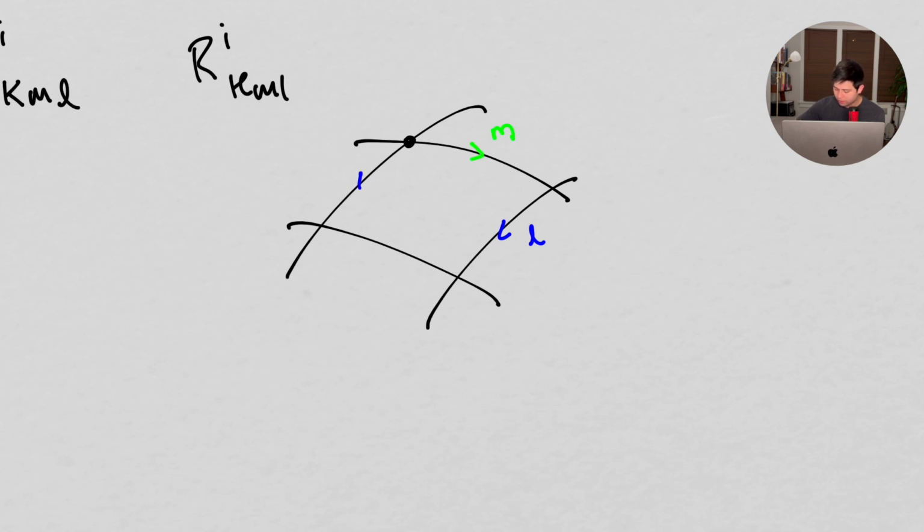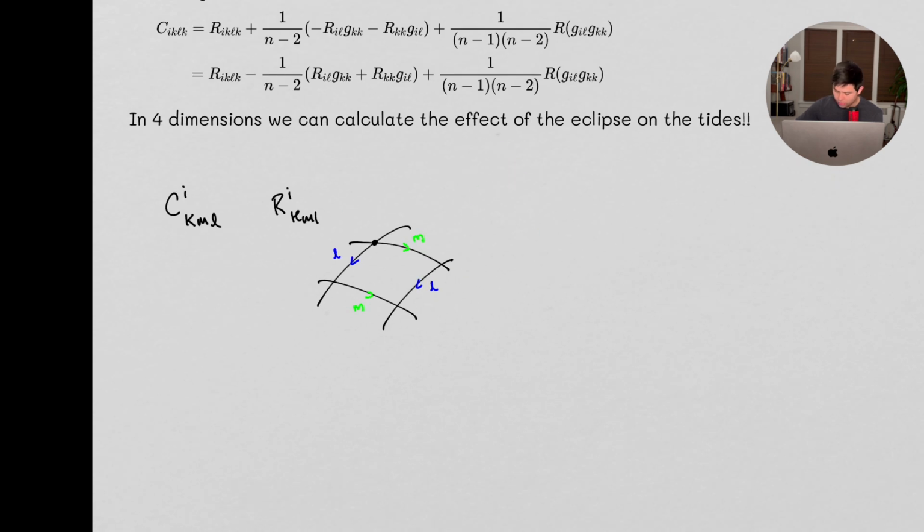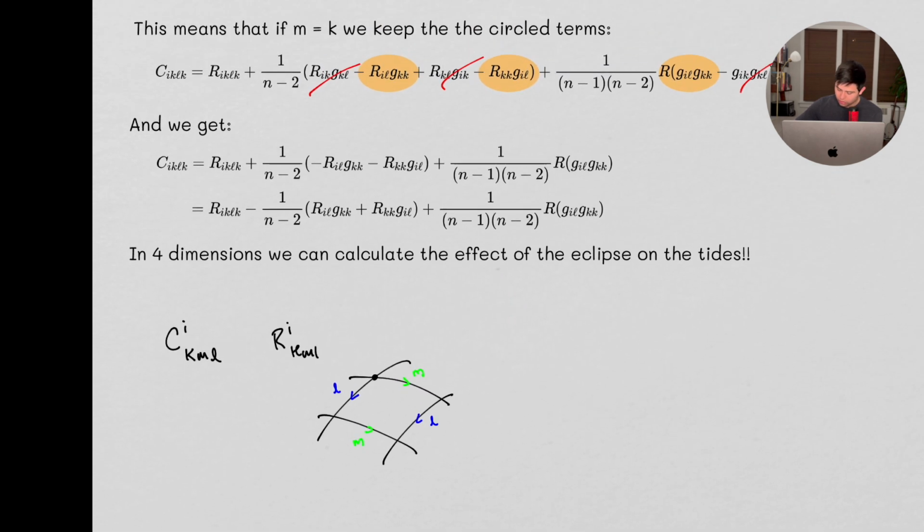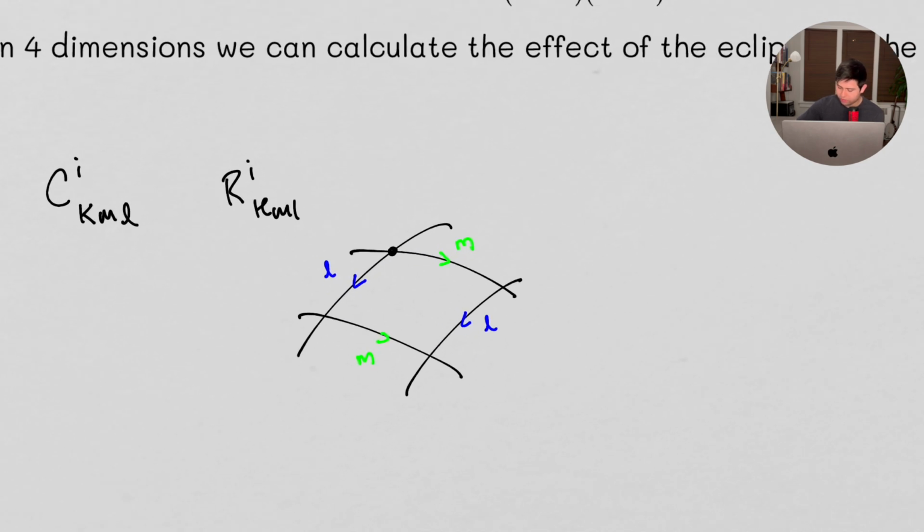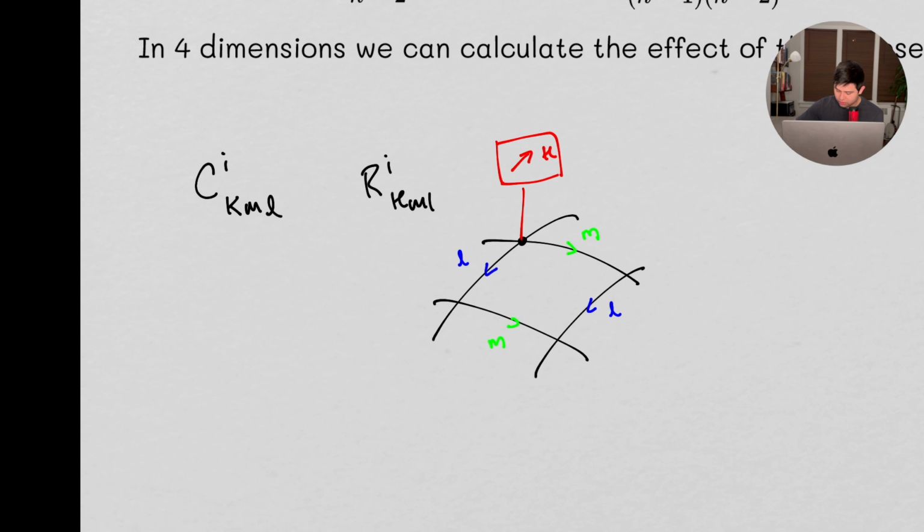And then we compare that with, say, going in the L direction and then in the m direction. So, and then we're holding a vector in some vector space. That vector is our vector k. All right, so this is the vector we're holding. These are the two vectors we're comparing along paths.